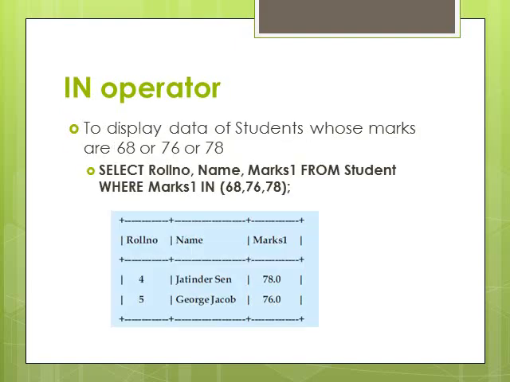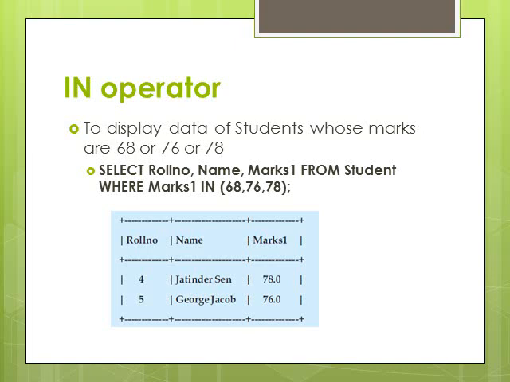To display data of the students whose marks are either 68 or 76 or 78, the select statement we have to write is: select roll number, comma name, comma marks 1 from student where marks in. Within a round bracket we have to give all the marks which we have to match, that is 68 comma 76 comma 78.